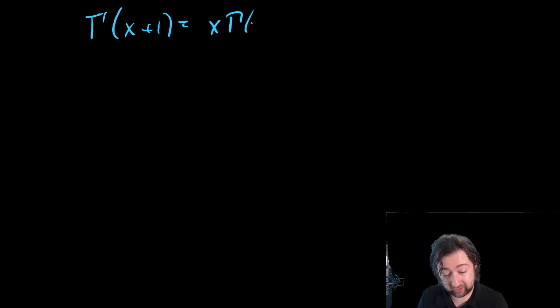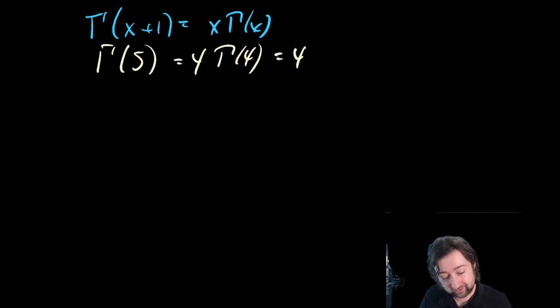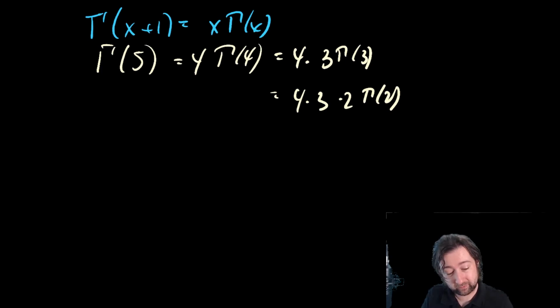If I know that gamma of x plus 1 is equal to x times gamma of x, and you put in any integer you want, like say 5, gamma of 5 must be equal to 4 times gamma of 4. But gamma of 4 is equal to 3 times gamma of 3. And gamma of 3 is equal to 2 times gamma of 2.